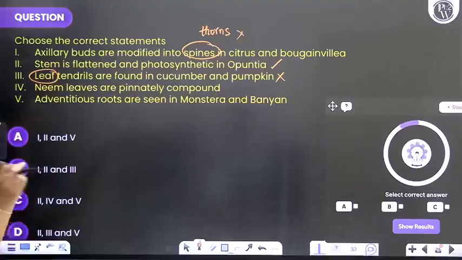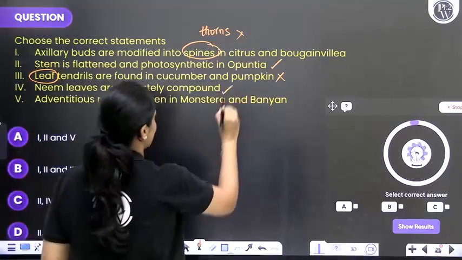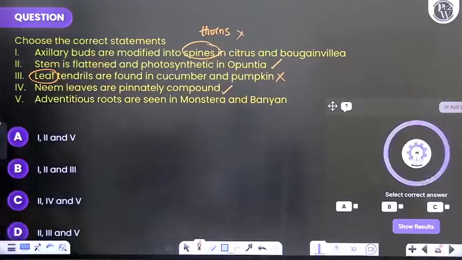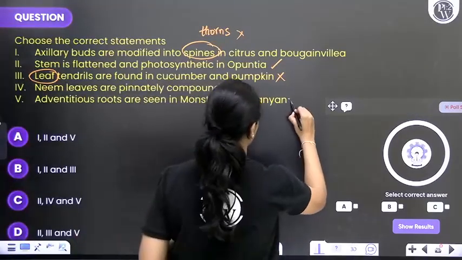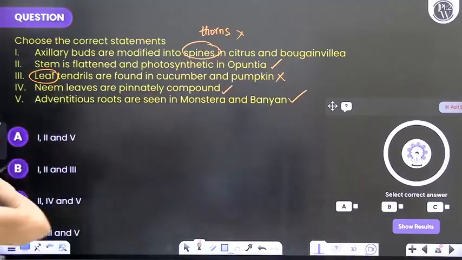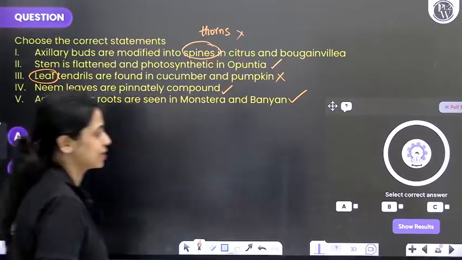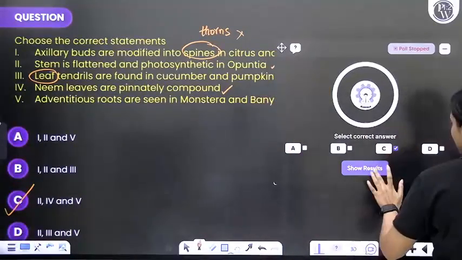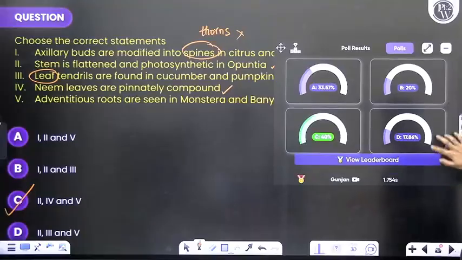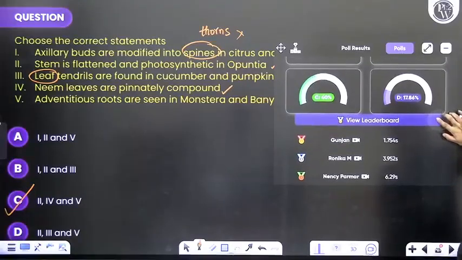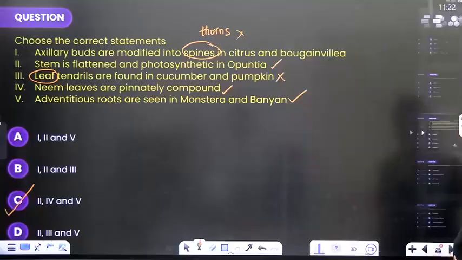They are tendrils formed from the axillary bud. Neem leaves are pinnately compound. Yes. Silk cotton is palmately compound, right? Yeah. Adventitious roots are seen in Monstera and Banyan. Yes. So 2, 4, 5 are correct. Option C is the correct answer. 40%: Gunjan, Dronica, Nancy, top 3.